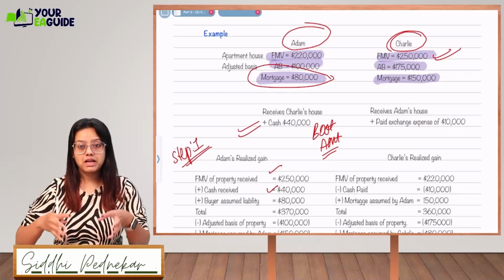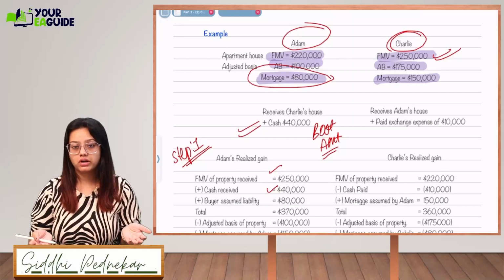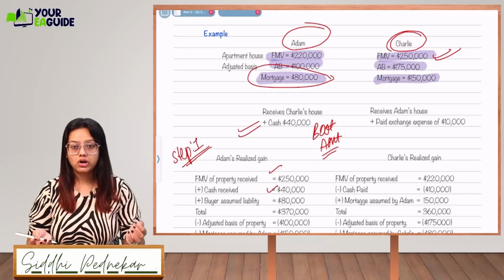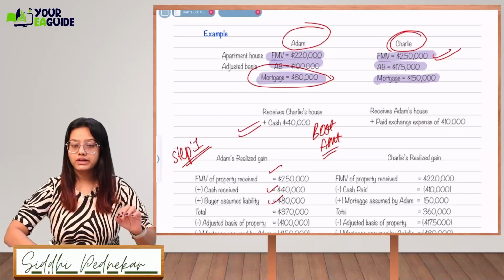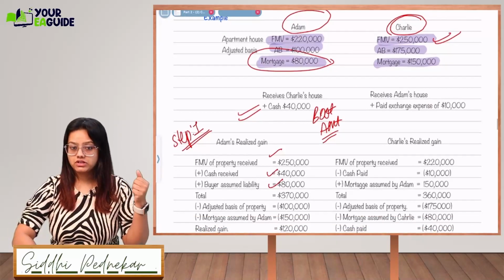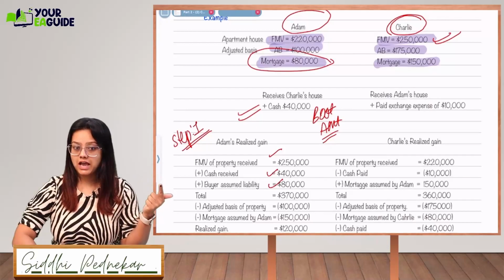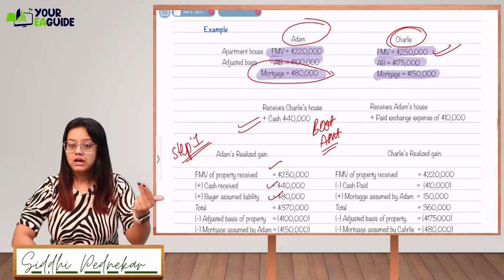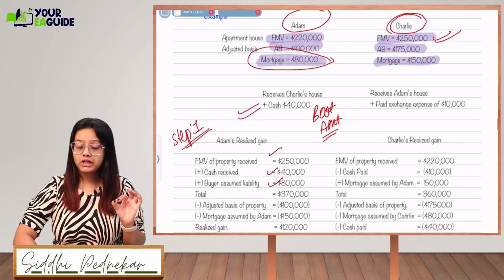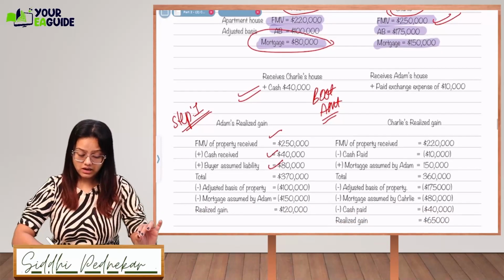So it's a benefit for Adam that now he will no more be paying any mortgage payments. So this 80,000 will be added over here as a benefit. So take 2,50,000 FMV of the property received, plus cash received, plus his own mortgage which is assumed by the other person. So this is my total realized amount.